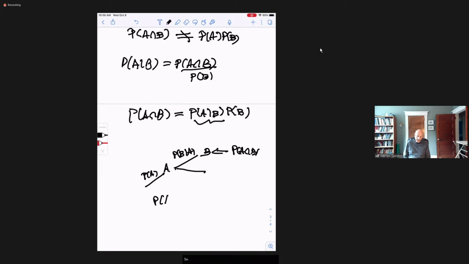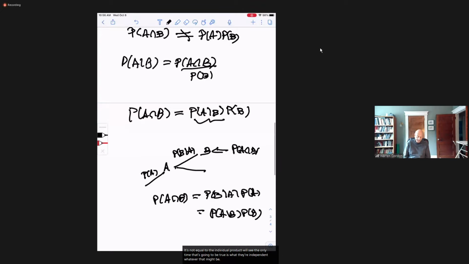So one way of writing it is this way. If I started with the B and then I did the A, it's also equal to P of A given B times P of B. It's not equal to the individual product. We'll see the only time that's going to be true is when they're independent, whatever that might mean.